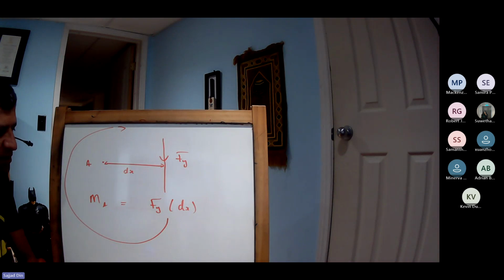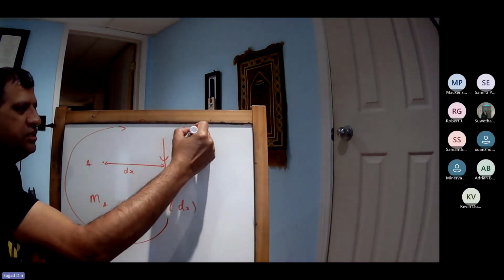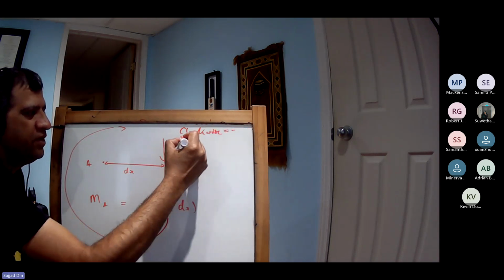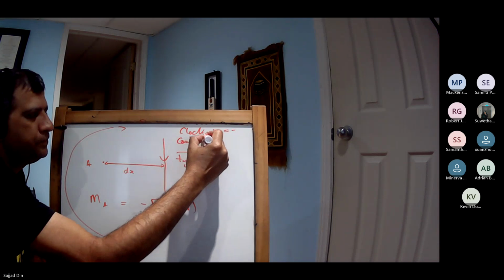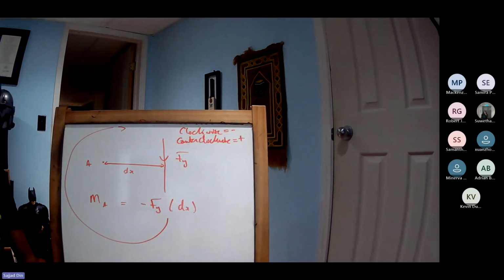That means that this has to be negative. Remember, clockwise, the moment is always considered negative. Counterclockwise, positive. This is really important because even in the test, I noticed that's where a lot of the mistakes that I saw were happening.